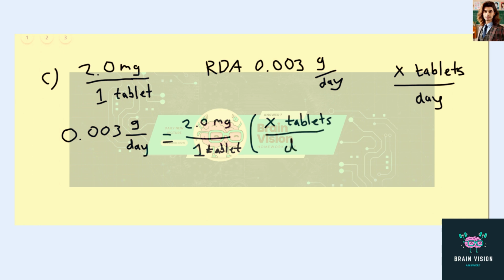If you're able to see right away, you could have started off dividing the units, having this quantity divided by this quantity, and you would have gotten the proper units. We see that tablets cancel out over here, and we have units of mass over time, but the mass units don't match up yet. So we want milligrams on the bottom, and we know for every gram we have 1,000 milligrams.